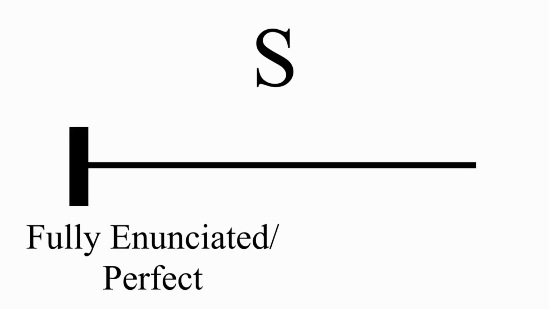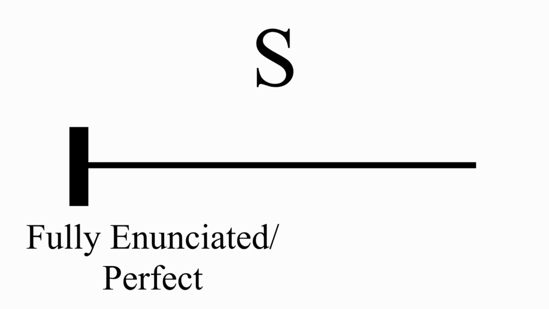flow of speech. So let's take a very, very quick look at the S sound and just stay with me for a second because it's definitely worth it. So if we put S into a range, on one side we have the fully enunciated, very clear, perfect S sound in English.